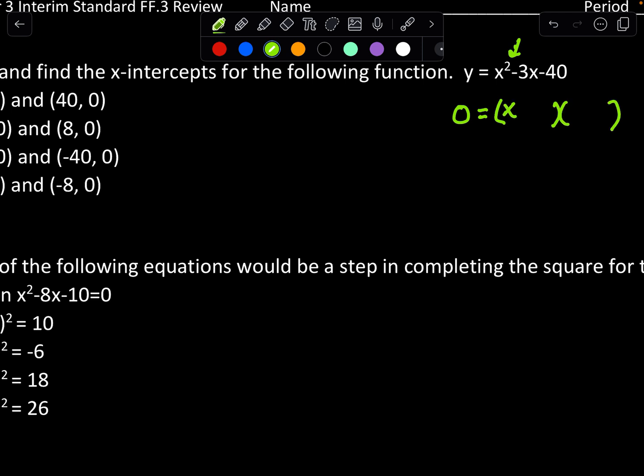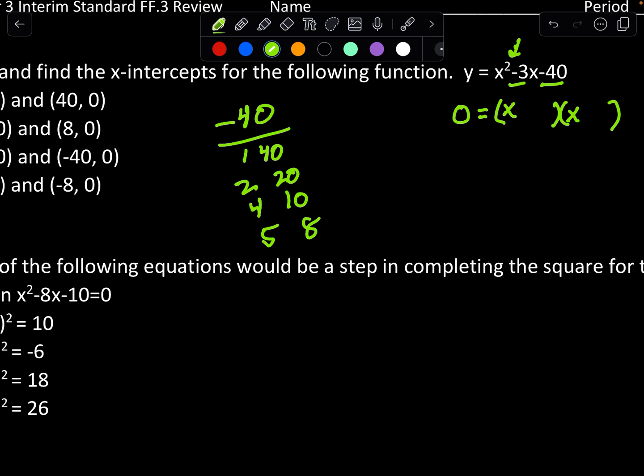I need something that multiplies up to negative 40 and adds to negative 3. I think factors of 40: I got 1 and 40, 2 and 20, 4 and 10, and 5 and 8. Hey, how about 5 and 8?